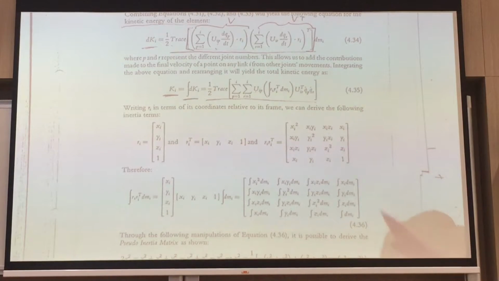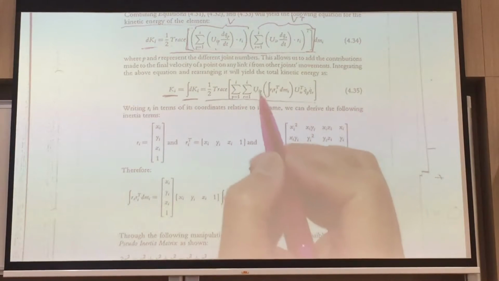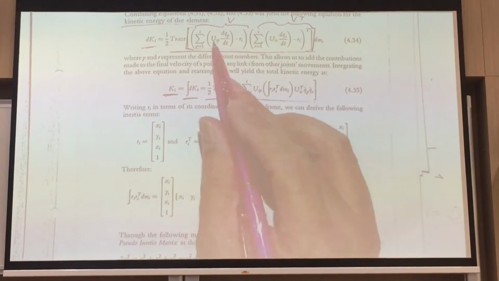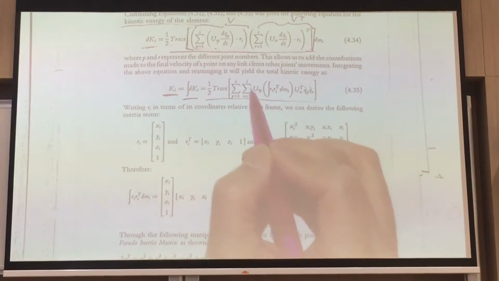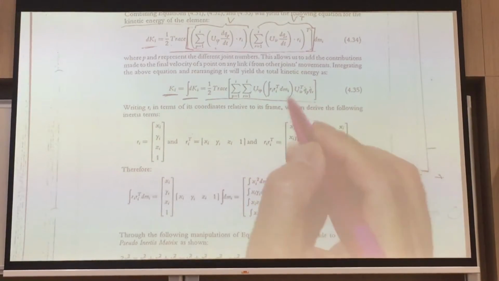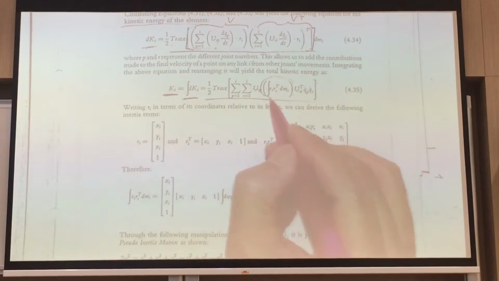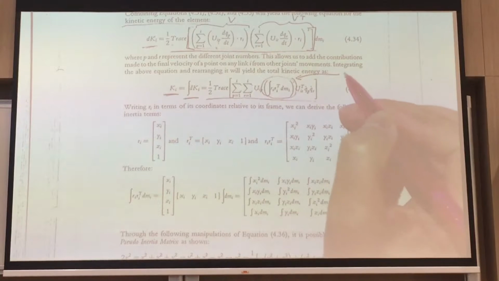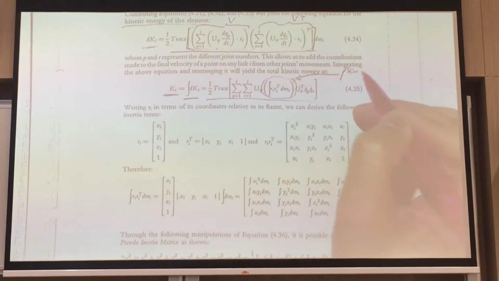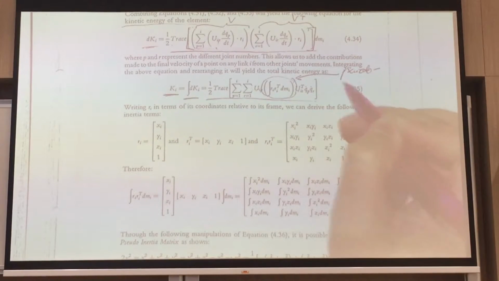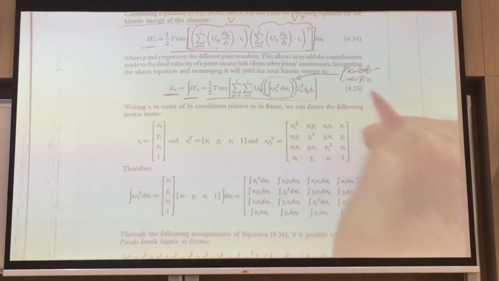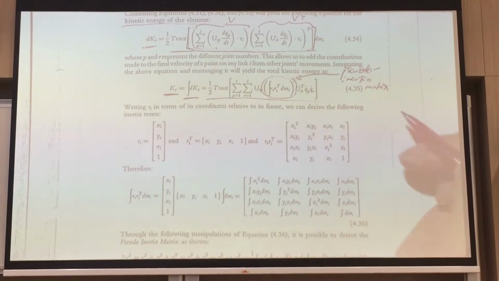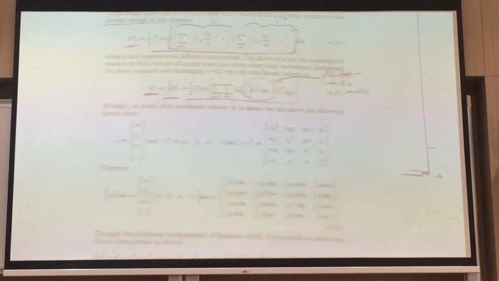Take note, you have rearranged the terms, the u and the u, you put to these 2 sides, and then you group the integral term by what we call the pseudo inertial matrix.